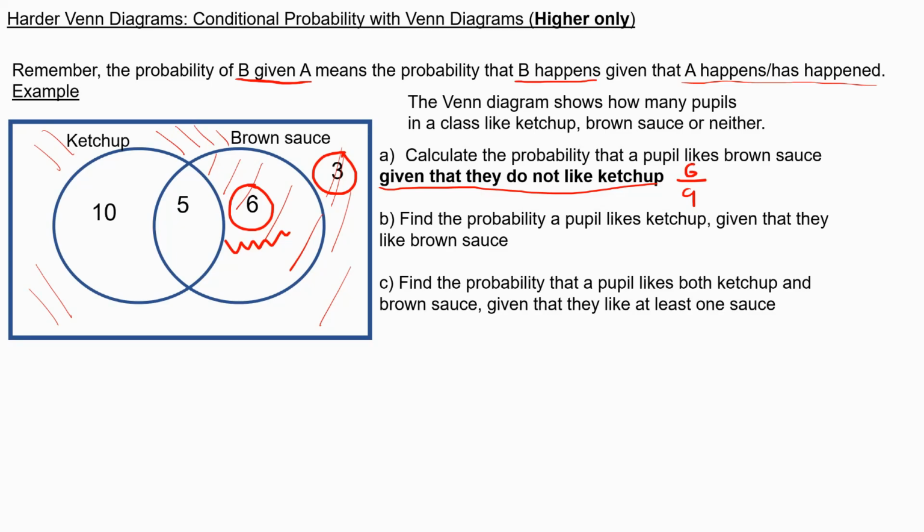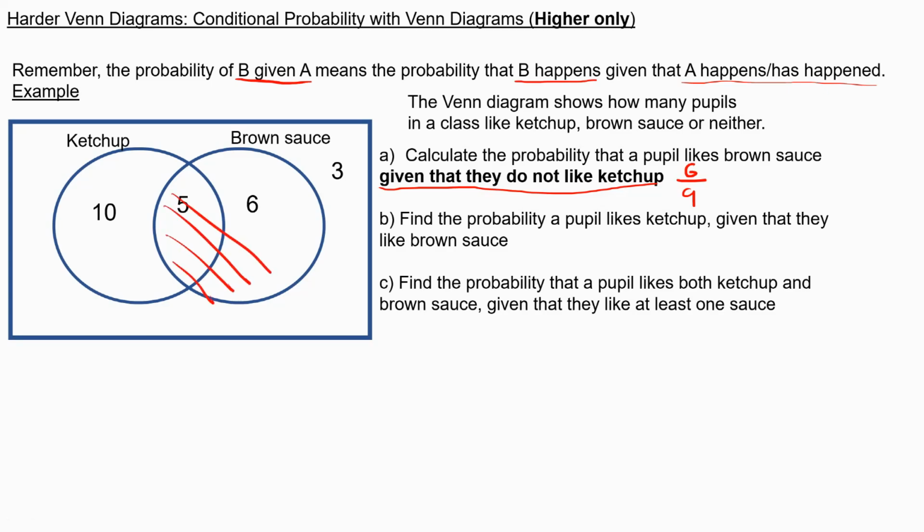For B, find the probability that a pupil likes ketchup, given that they like brown sauce. It's the same trick again. Where it says given that, I need to specify my restricted Venn diagram. Given that they like brown sauce, the pupil is going to be somewhere inside the brown sauce circle.